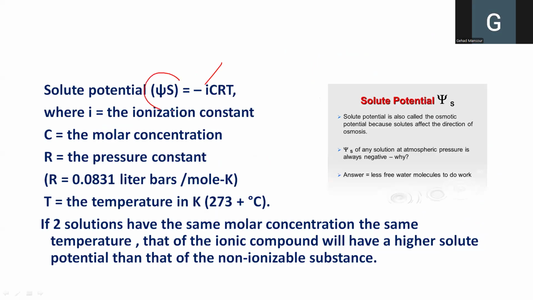So you have to know that the solute potential can be further fragmented into these components: I, C, R, T. I is the ionization constant, and we will say what ionization constant means. C is the molar concentration. R is another constant, which is called the pressure constant, and T is the temperature, because we have said that we have to work at a certain temperature.